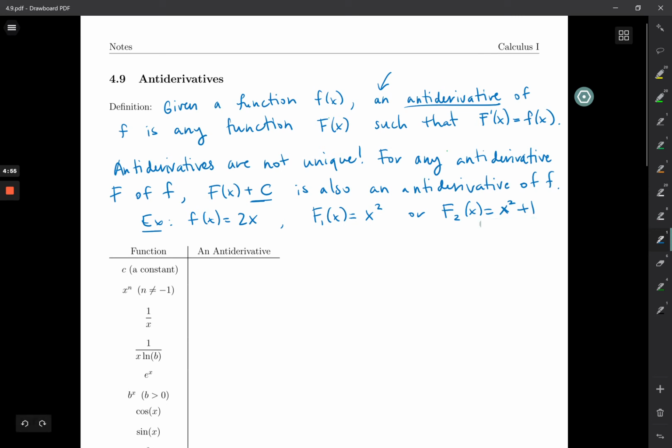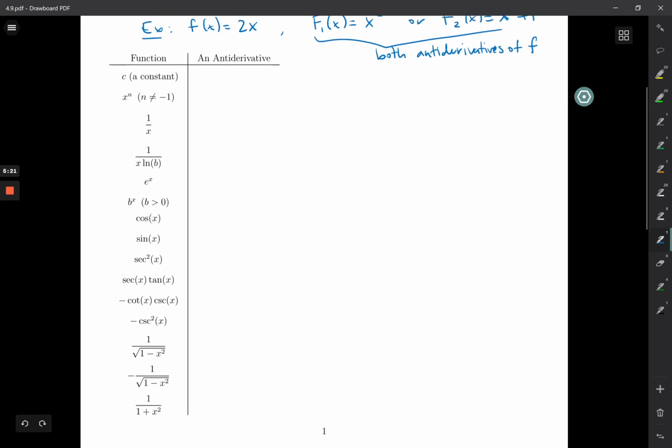So there's a little bit of ambiguity there. But these are both antiderivatives of f.